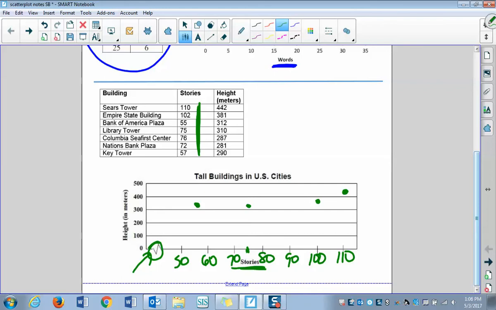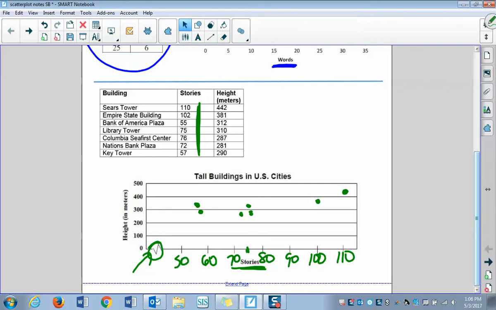Now 76 needs to be right next to 75, and then 287. 72, 281, so that needs to be below the 287, and then 57, 290. So 57, and then 290 should be above the 281s.